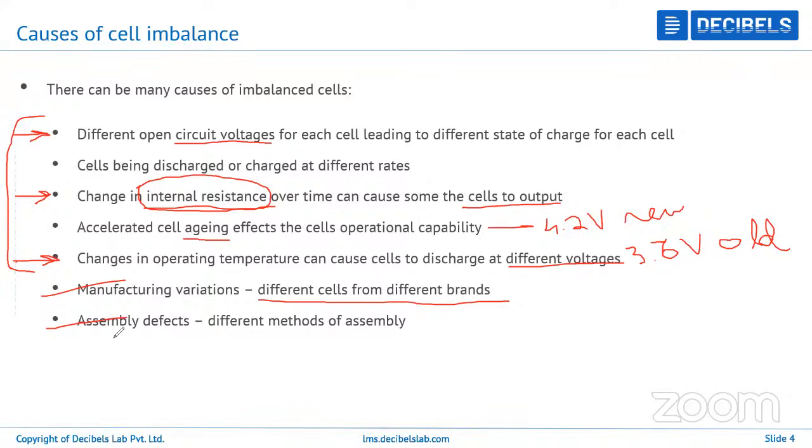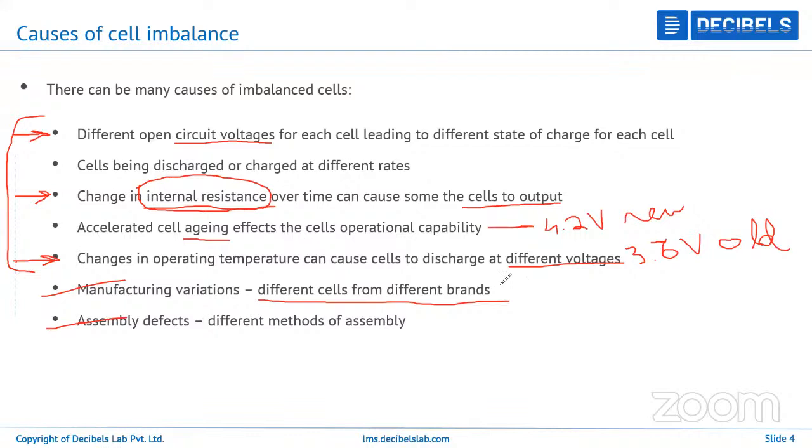Also, coming to assembly defects, different methods of assembly, arrangement, and fixing the cells can cause microscopic defects on the cathode, on the anode, or within the electrolyte, right? All of this can lead to a small change in voltage.